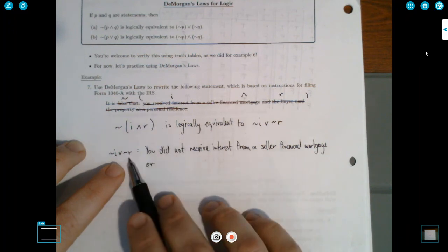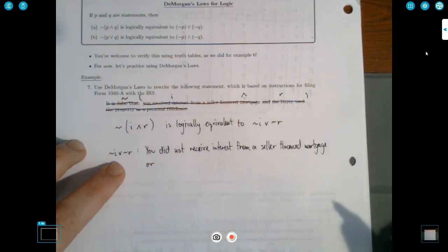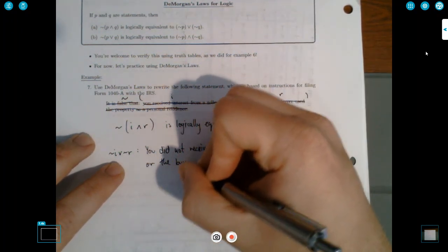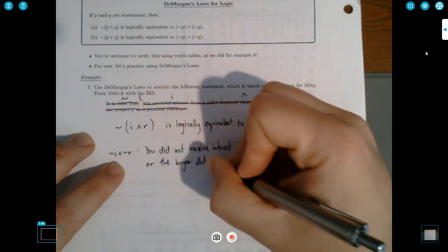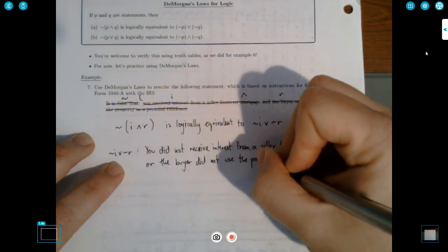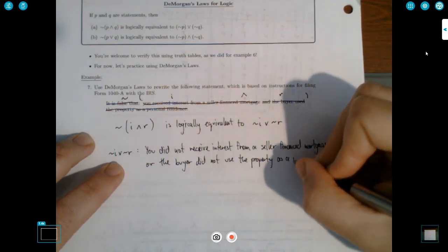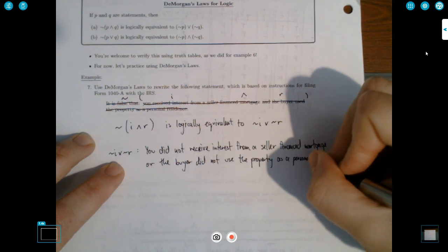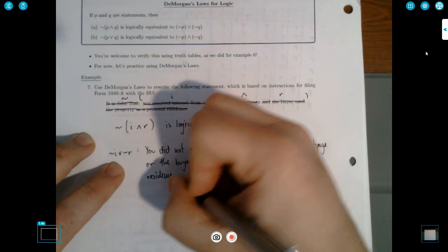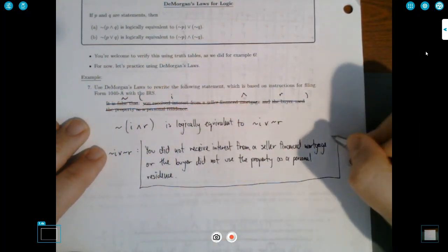So not R would be the buyer did not use the property as a personal residence. So, or the buyer did not use the property as a personal residence. Okay? So that would be the answer to the question.